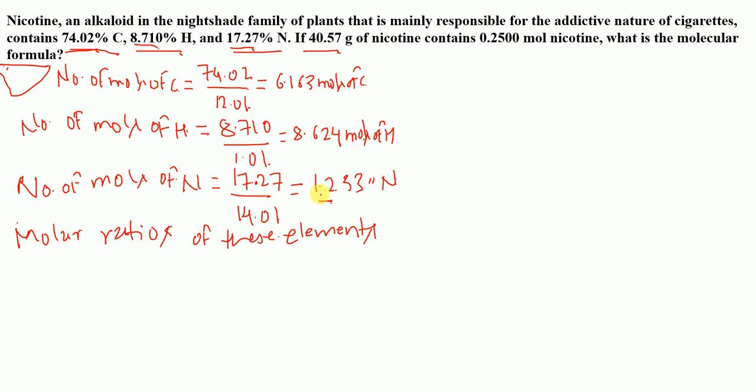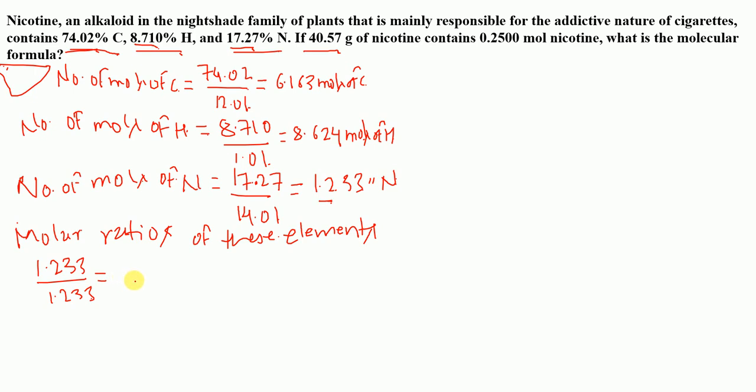So what will we get then? Let's do the division: 1.233 divided by 1.233 is equal to 1.